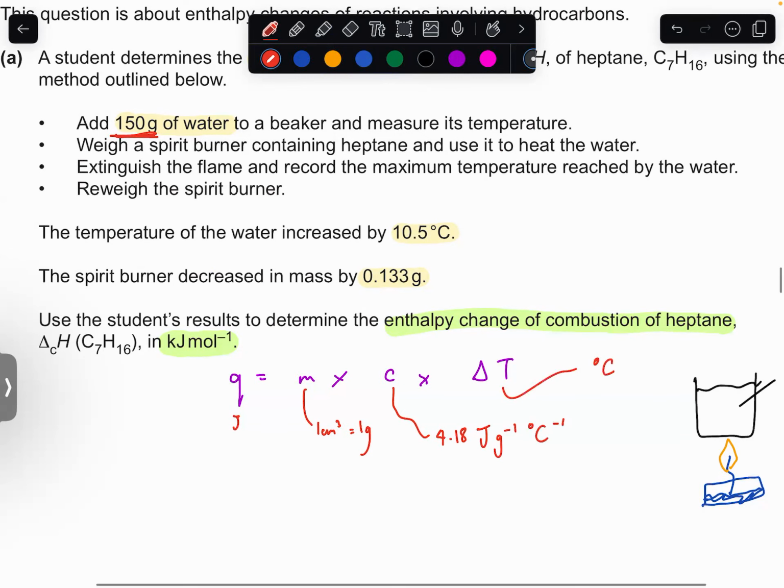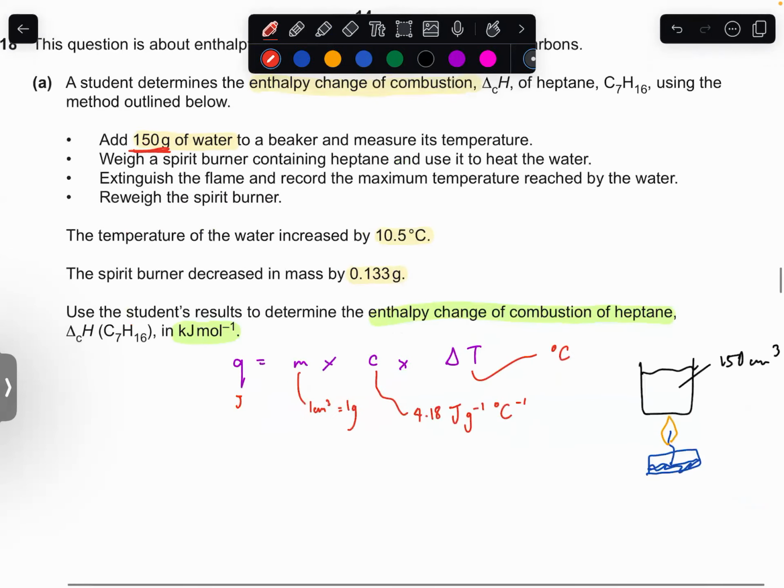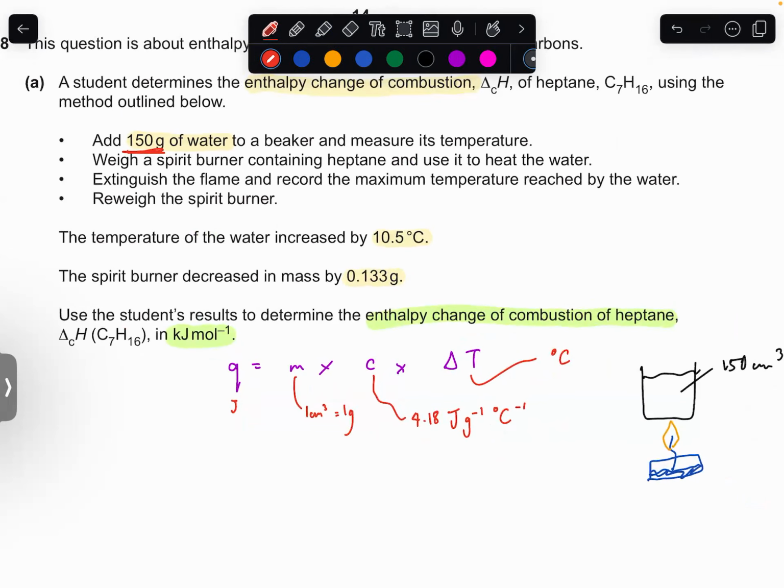So we've got this formula, and let's use the data that's available to us in the question and plug it in and see what we get. So M is 150 grams of water times 4.18 multiplied by the temperature change, which is increased by 10.5 degrees Celsius. Let's work this out. That's joules of energy.